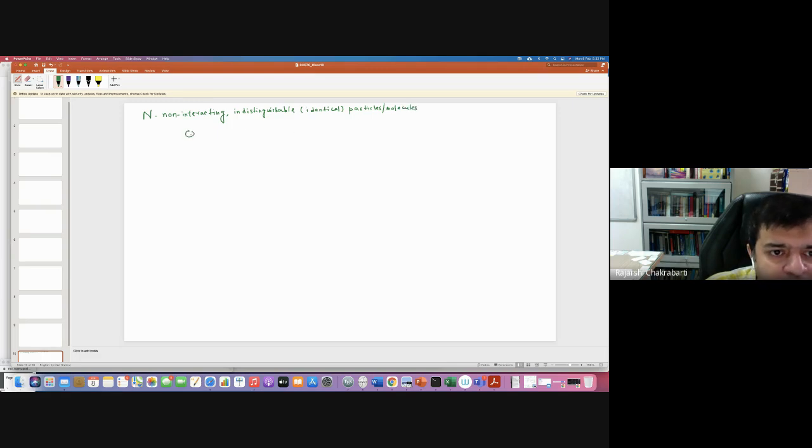Then the total wave function is given by this. And this Q, if it is a molecule, is called the molecular partition function.